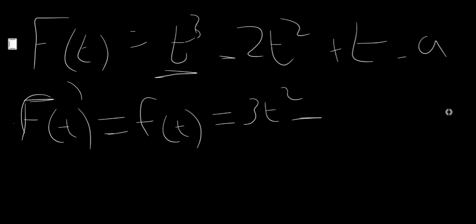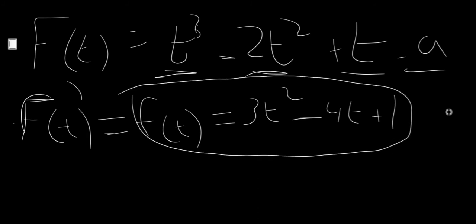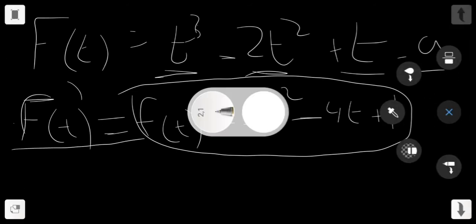So minus, let's derive this part: 2 multiplied by 2, 4t. Let's derive this part: it will be only plus 1. This part is a constant, so 0. So look, the small f of t is this thing over here, which is equal to the derivative of the big f of t, okay?